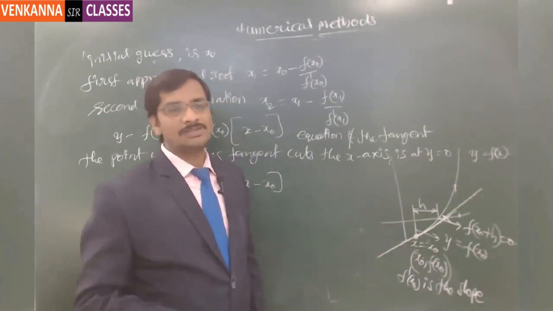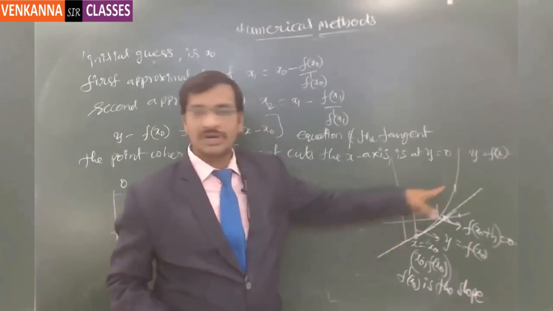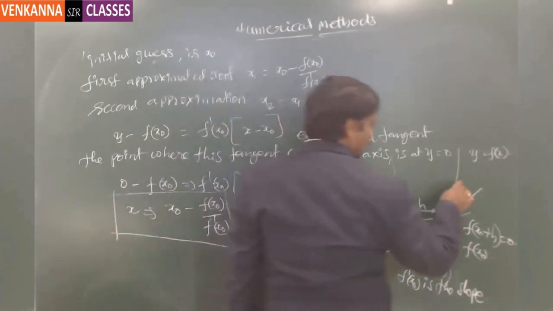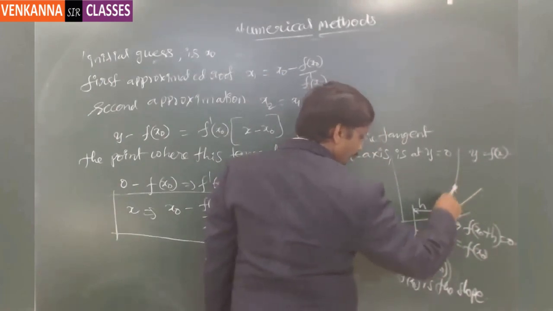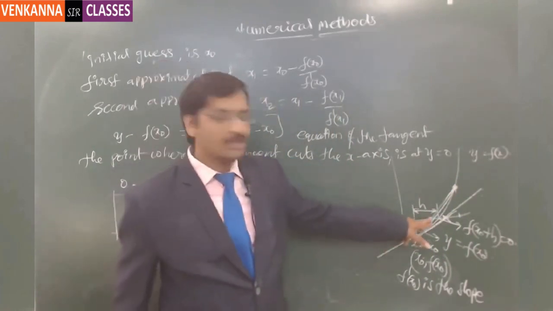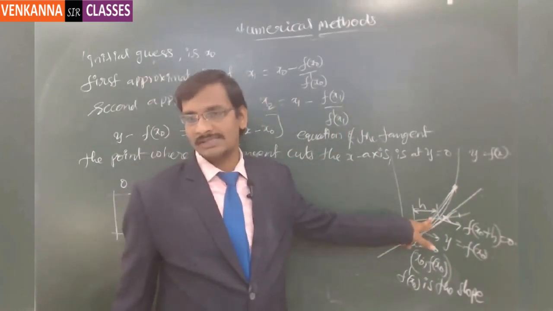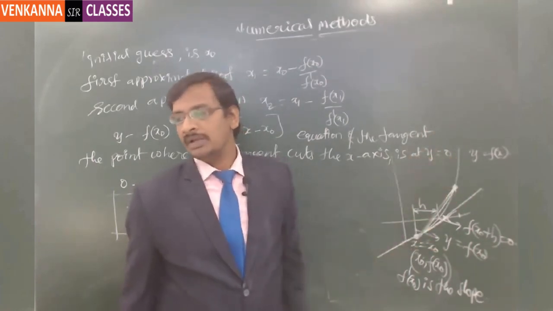But in the regula falsi method, for the two different points, you get the straight line equation. You draw it, find the equation, and locate where it cuts the x-axis. That value we take as the next approximation, and from there we approximate to the nearest value.